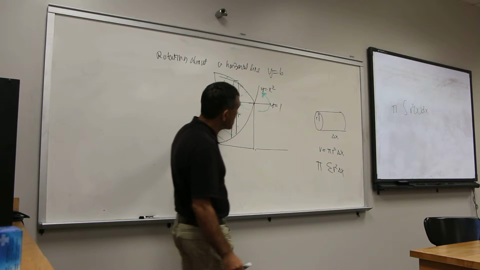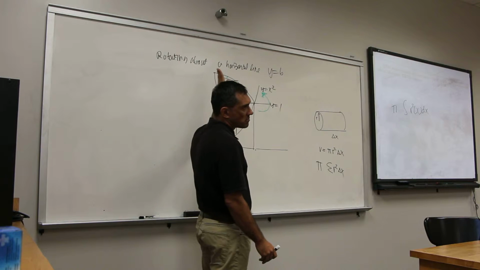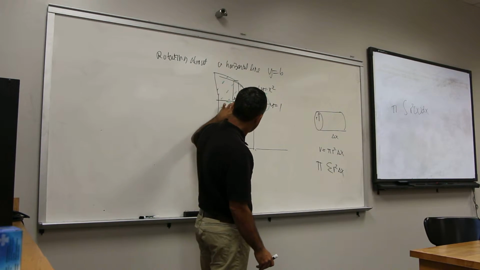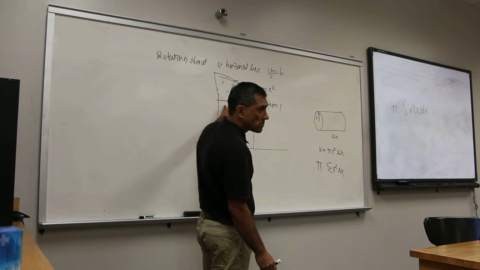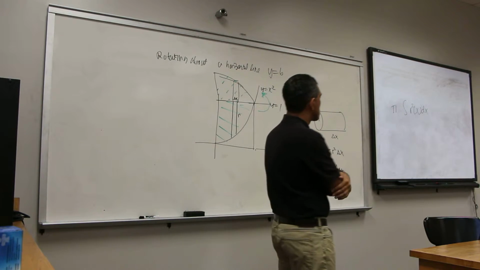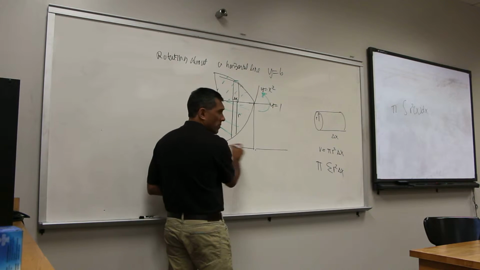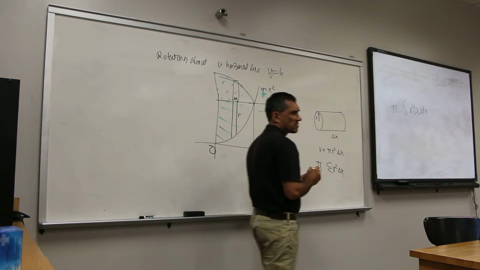Radius is changing with x. This is my radius here. And I will just need to know where I'm integrating from, where to where. Here I'm integrating from 0 to 1.